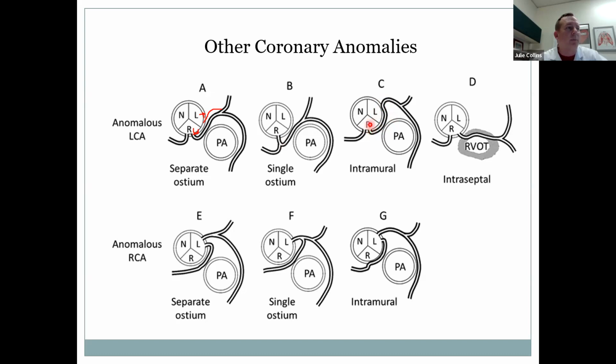So instead of the origin being here at R, they would make the origin here at L, because there's this shared space that's going around the cusp. It's almost like they just redirect the flow to come off the correct cusp.